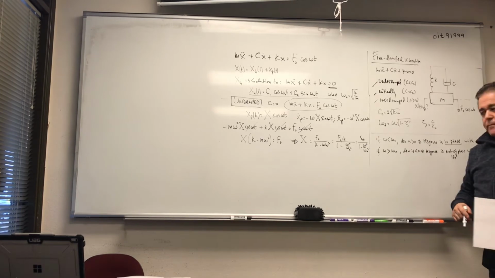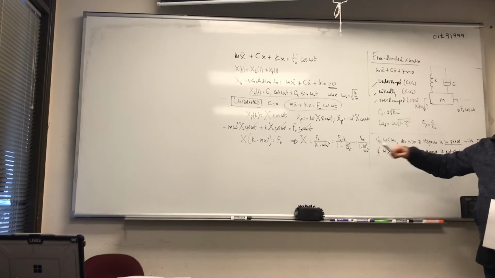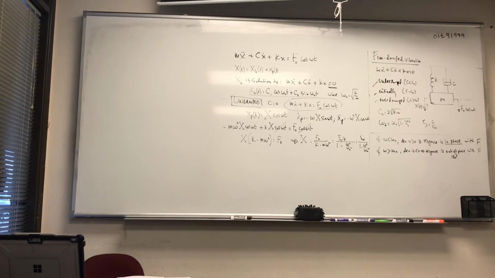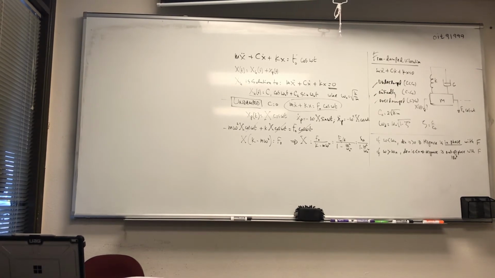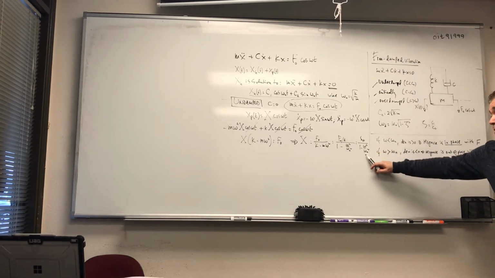Okay. And then looking at this, if I have a mass and I vibrate it with as high a frequency as I could, what happens to the response? It gets crazy, right? Now look at this. When omega goes big, what happens to the denominator?